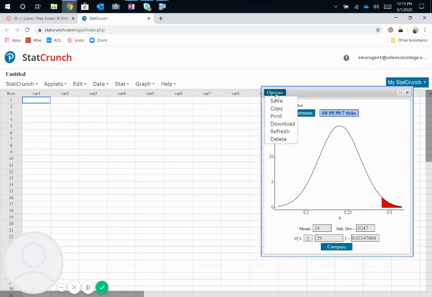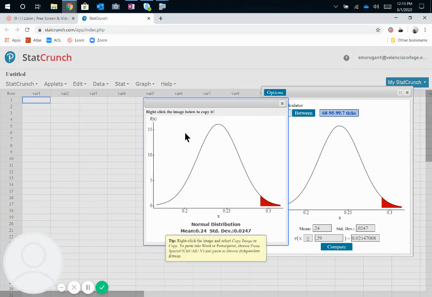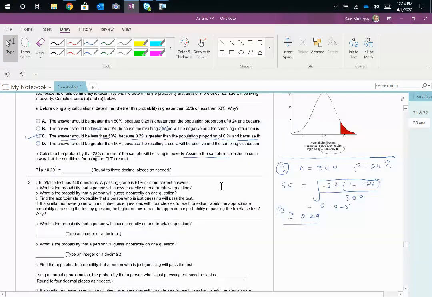So be careful with how many decimal places you're taking. Copy the image, place it in here.